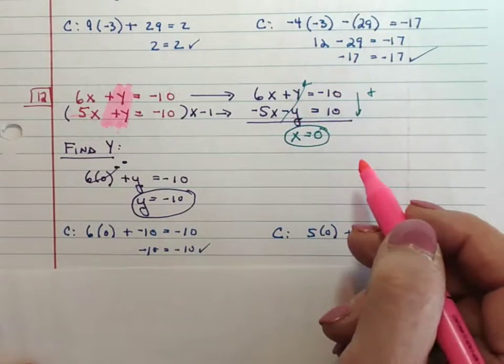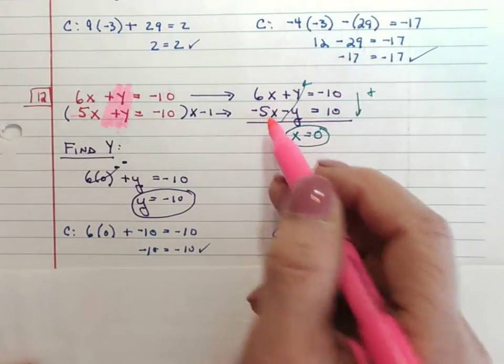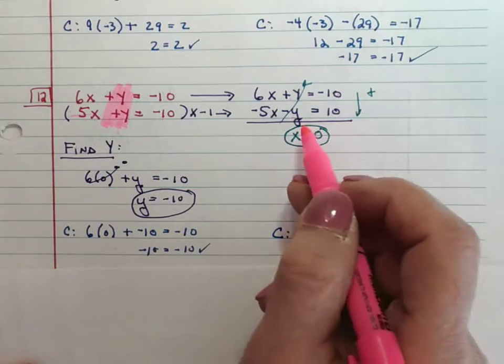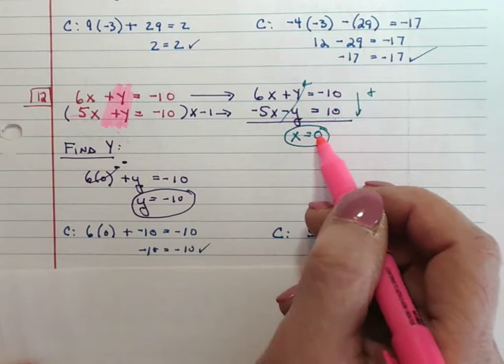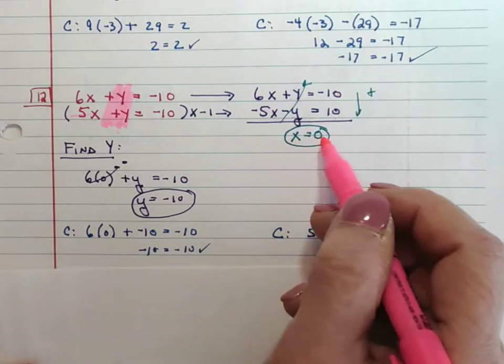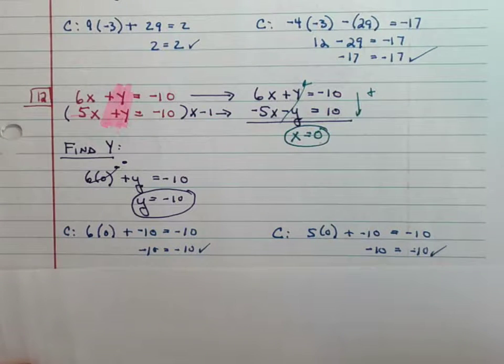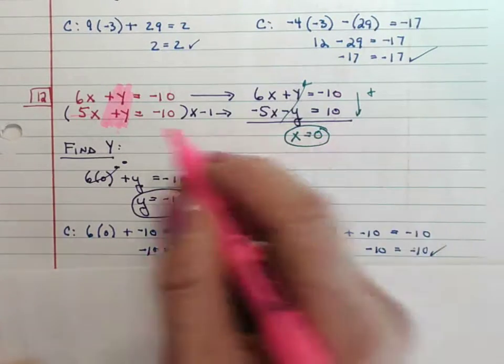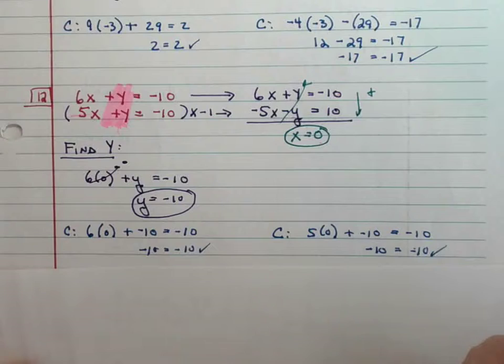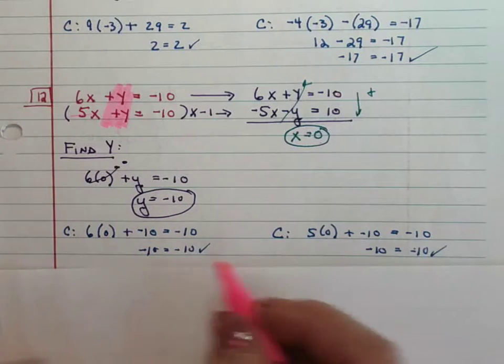When we add down, we get 6x minus 5x, which is x, and -10 plus 10 is 0, and x equals 0 is a valid answer. We plug in the 0 into either one of the equations. In this case, I took the top equation, and I got y equals -10. And then you check.